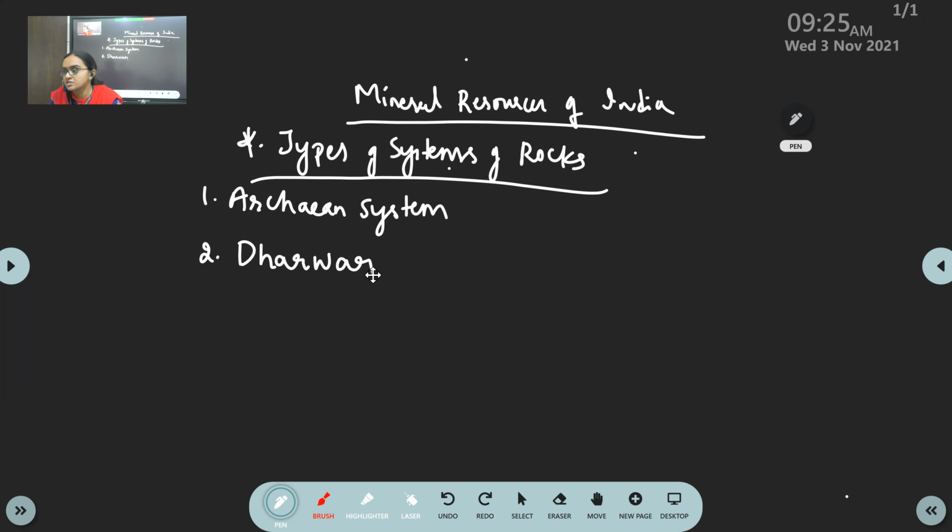The rocks of this system are also found in Dharwad and Shivamogga of Karnataka, and also near the Kaveri Valley.